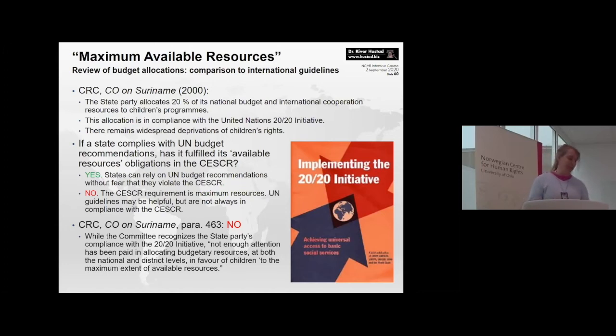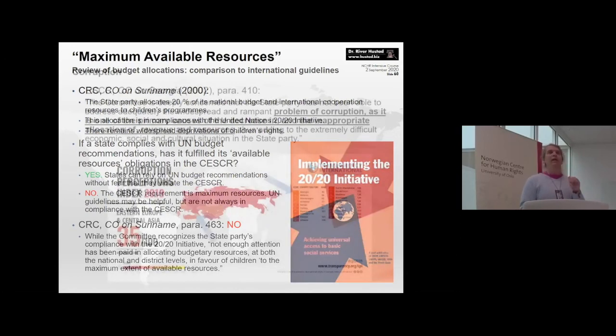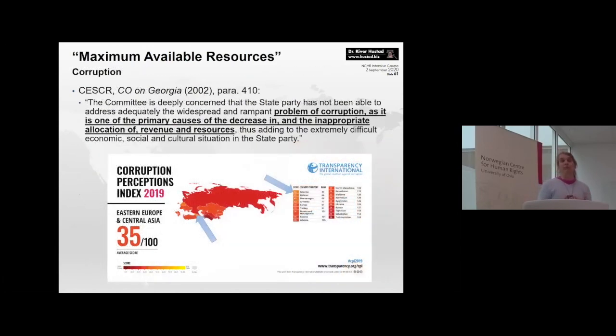There are circumstances that go beyond what a UN initiative, for example, would require. And of course, when we talk about maximum available resources, one of the important concerns is corruption. So not fighting corruption deprives the resources that are available. So not fighting corruption becomes an aspect of economic, social, and cultural rights.